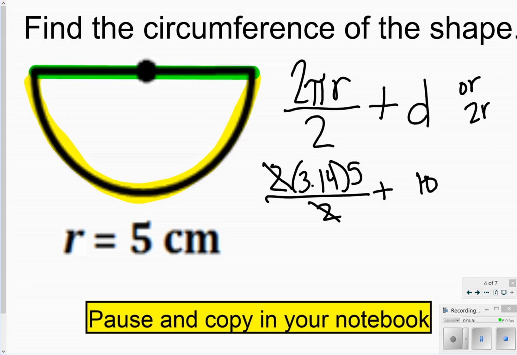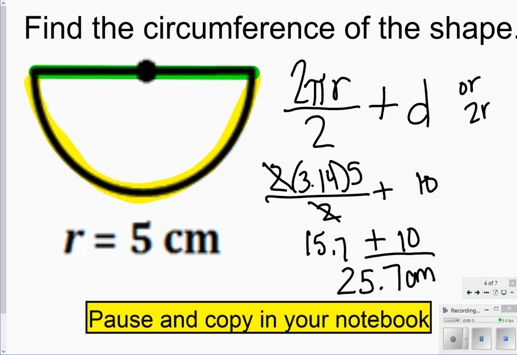On my calculator, I get that it's 15.7. And then our two radii, or one diameter, is 10. And if we add those together, we're going to get 25.7 centimeters. And that would be our total circumference of this shape. Go ahead and copy this information into your notebook now.